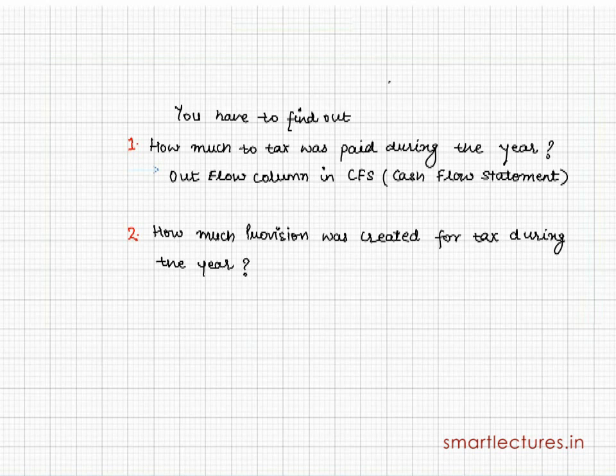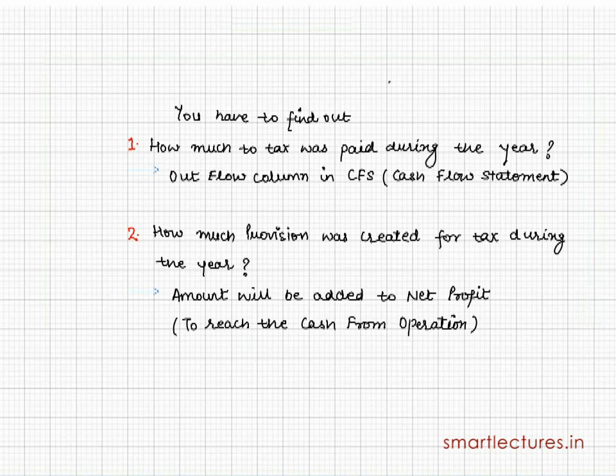Number two, the provision created for tax during the year will be added to net profit to reach the cash from operations. So I strongly suggest, if you find any item regarding provision for tax, you should prepare an account, a ledger, in your working notes.